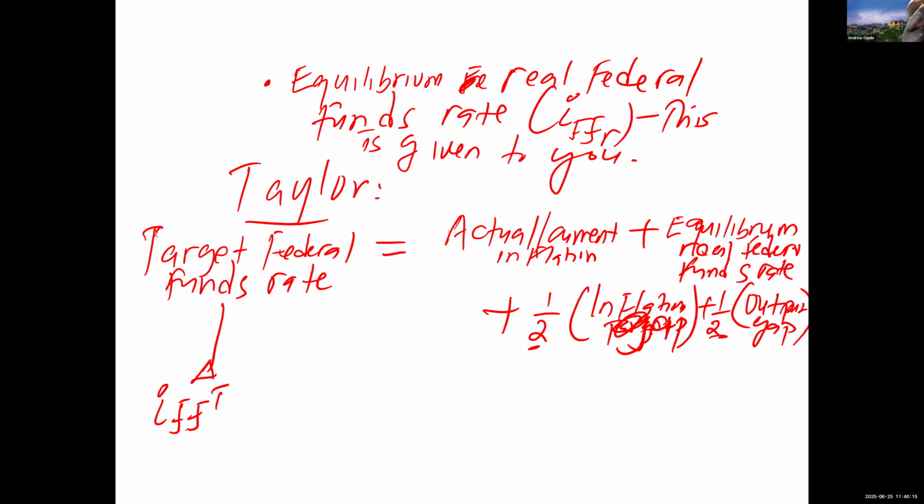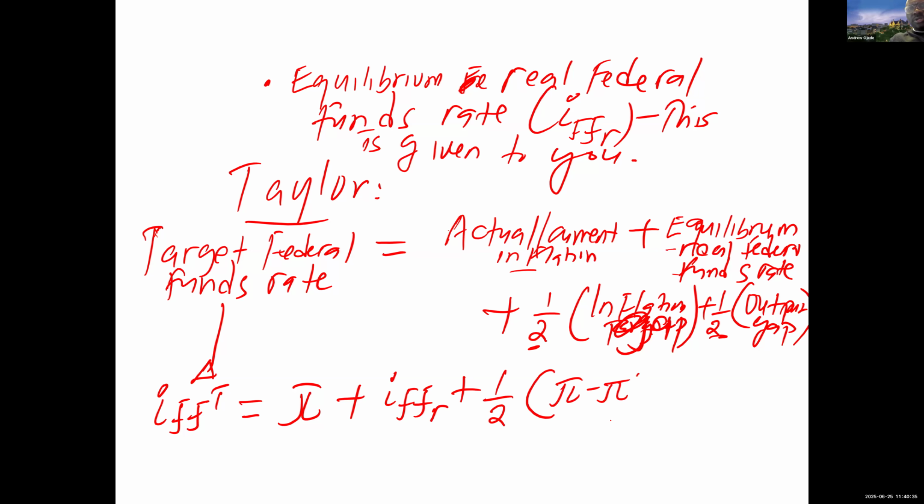That's the target the Fed is going to set when they meet, and it must equal the actual inflation, which I'm calling pi, plus the equilibrium real federal funds rate, which is given to you, plus 1/2 times the inflation gap, pi minus pi t, plus 1/2 times the output gap, y minus y bar, or you can say y minus y potential.